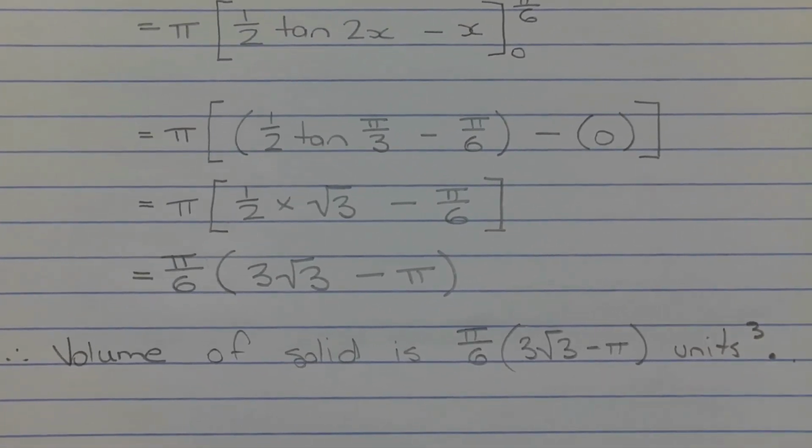Now factorising out 1 over 6 from both of these terms, we get V is equal to pi over 6 times open bracket, 3 times root 3 minus pi, close bracket. Therefore, the volume of the solid is pi over 6 times 3 root 3 minus pi in brackets cubic units.